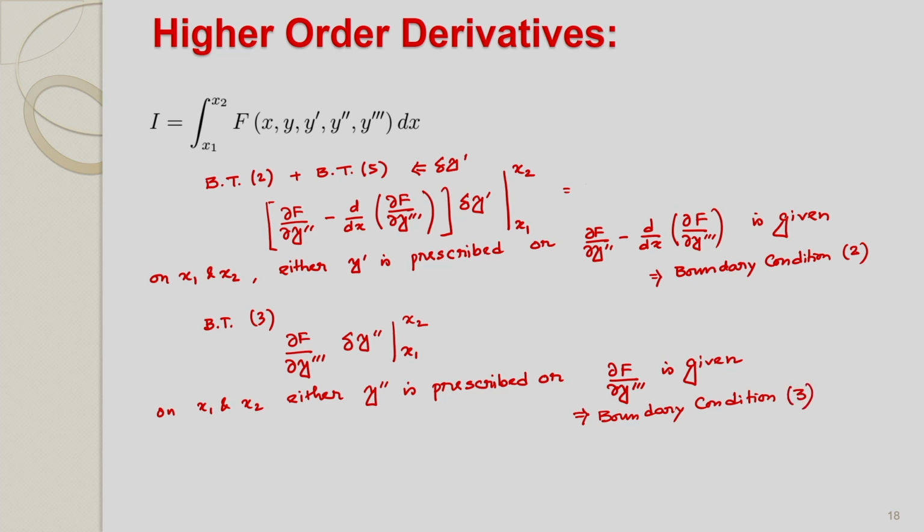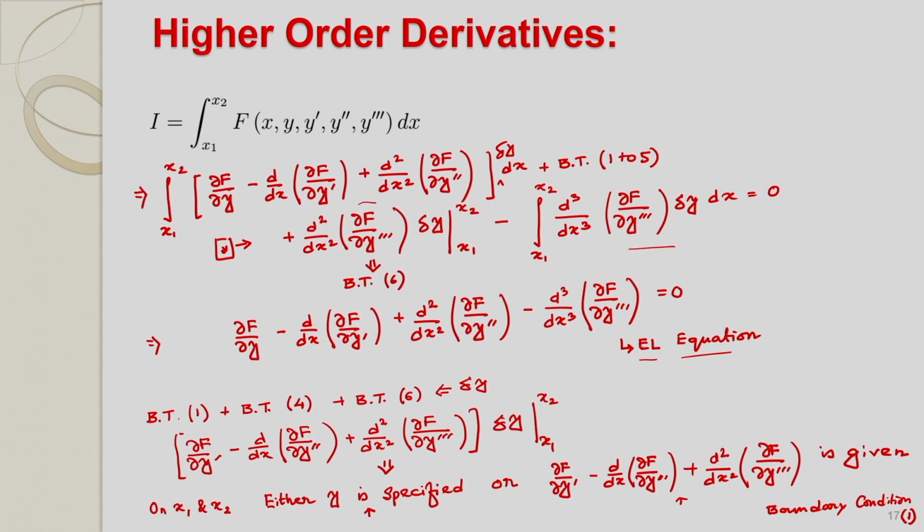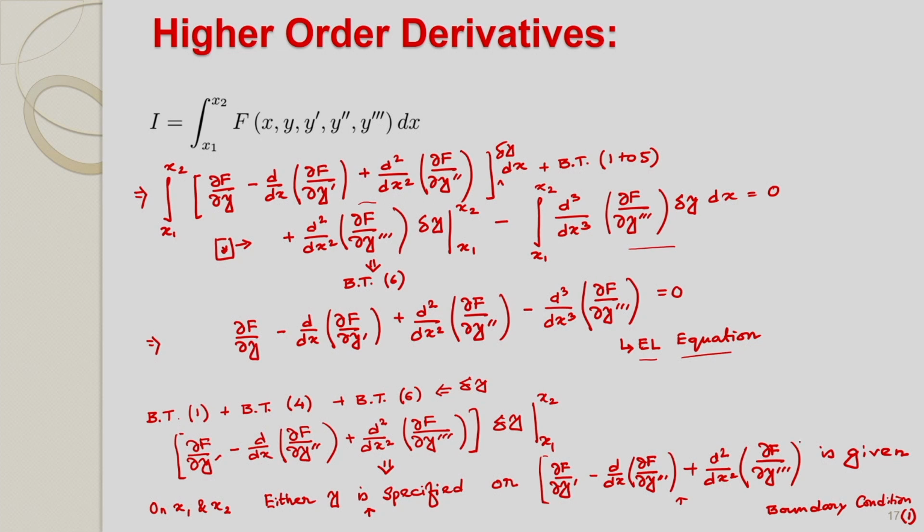So, we have 3 sets of boundary conditions. One is either y is prescribed, that is the essential boundary condition in terms of y, or this quantity is given, this is the natural boundary condition corresponding to y.